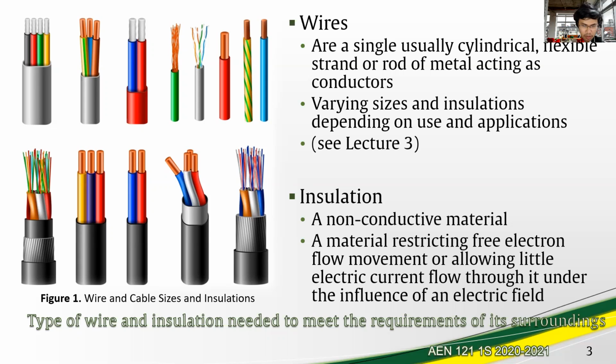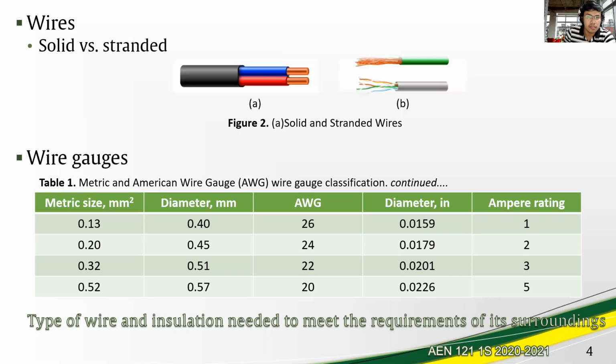Now we go to the main types of wires, which are solid and stranded types. We just know that the solid is too difficult to bend, and as they get bigger in size, they become bulkier to work on.